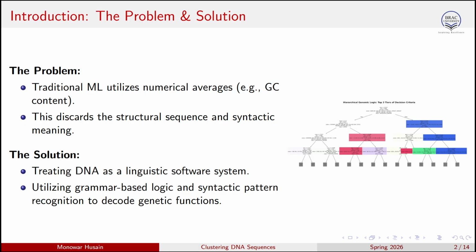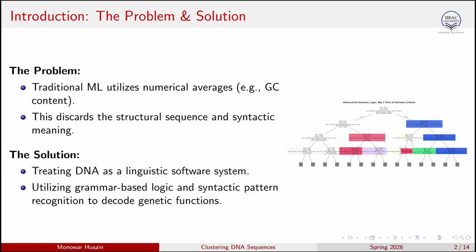Think about it like this: if you want to understand a novel, you don't just count how many times the letter A or the letter B appeared on the page. You have to actually read the sentences. That is what normal ML does. It ignores the sentences. My solution is to treat DNA as a linguistic software system.